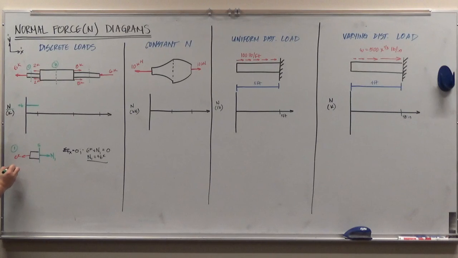And so my free body diagram for this second section cut, I'll have a little bit more of this column. I'll have my section cut, and I'm going to draw my assumed direction of my internal force acting on this second section cut, and I'll have my external forces as well.